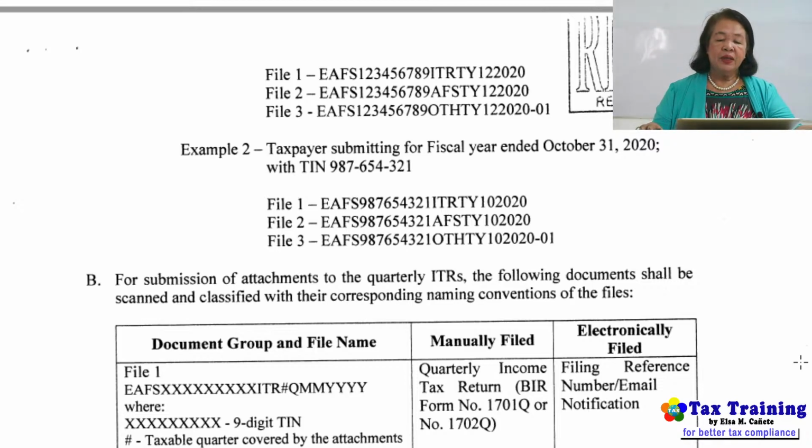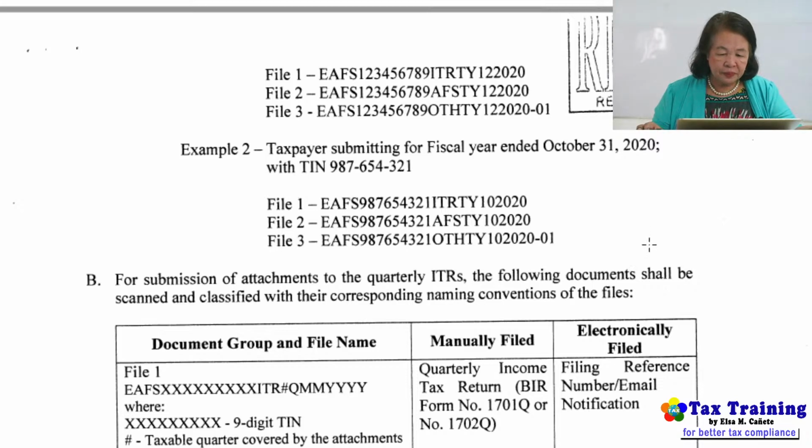987654321. The ending 00 in the TIN, do not use that anymore, because the ending 00 or 001 pertains to the branch code. And for the filing of this information return, the branches are not required to file, only the head office.